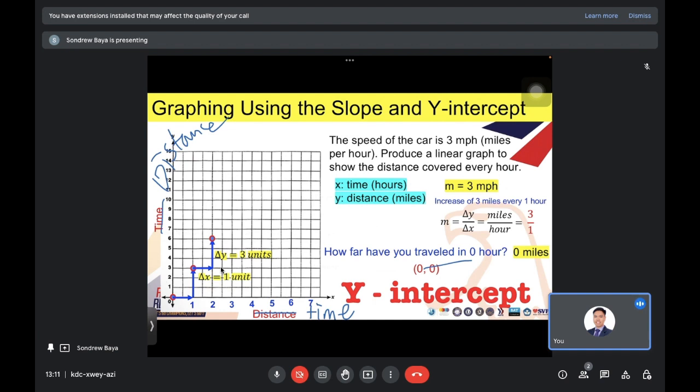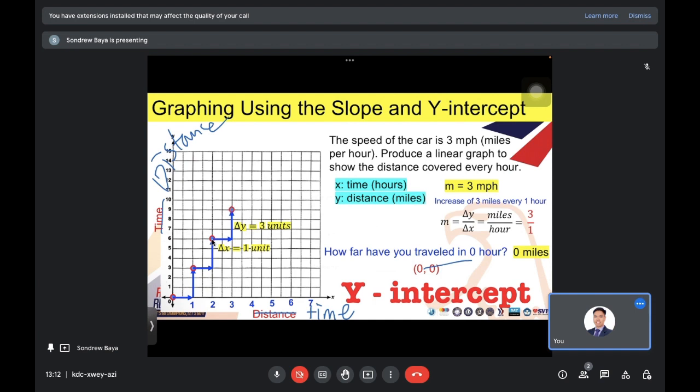You need to have a point which we started from the y-intercept, and then from that point going to the next, we just do the same process using the slope. So to continue here, from this point already, the slope is constant. Therefore, for every 1 hour, we cover 3 miles.